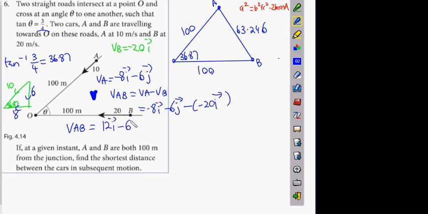Now, it's at this point that I realised that if I brought that to the junction, it's probably not going to work. Let me explain why. I should have realised this yesterday, but I was tired.